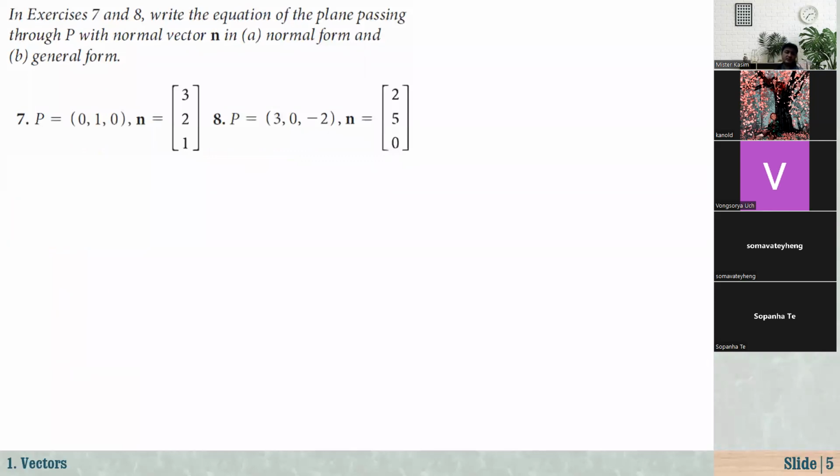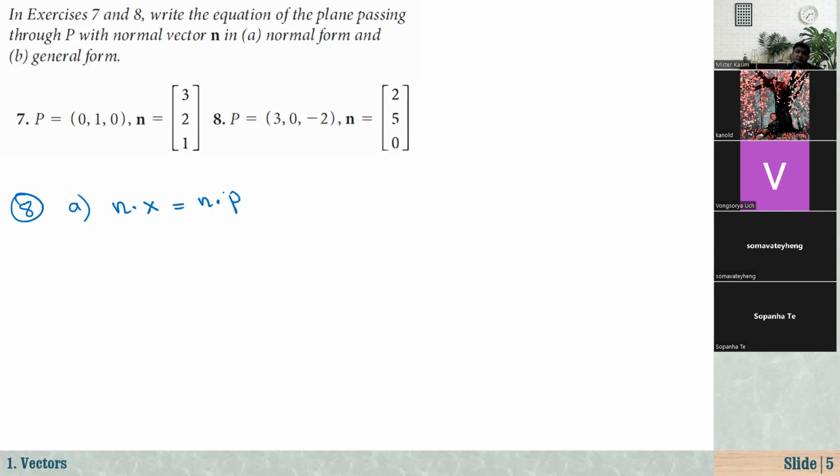Next question, in exercises 7 to 8, write the equation of the plane that passes through P with normal vector n in normal form and in general form. Okay, and also here, let's do just one of them. Let's do question 8. So what is part A, the normal form? The normal form of the equation of the plane is n dot x equals n dot p, right?